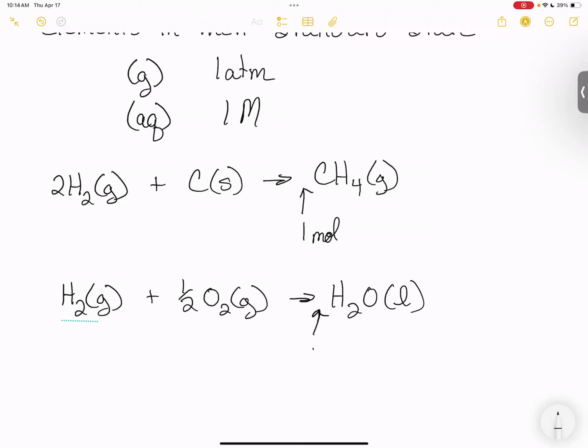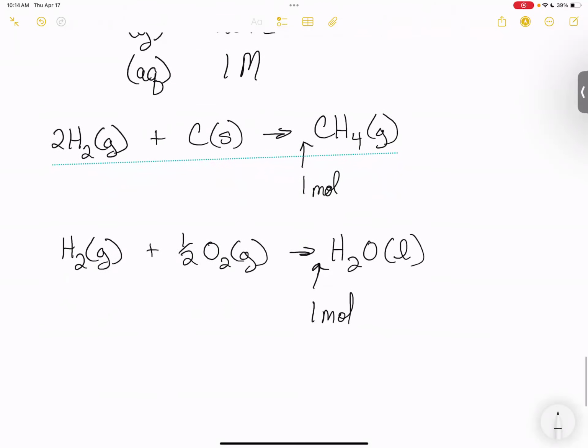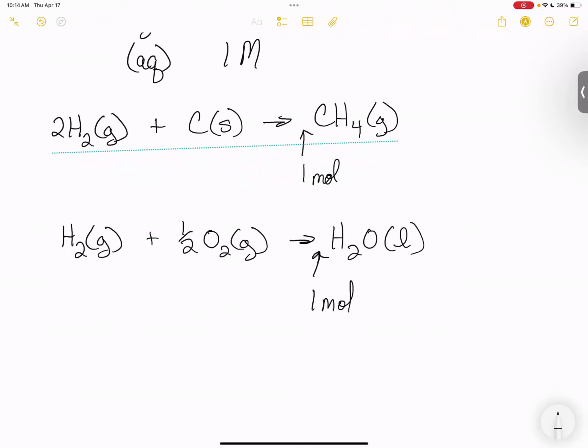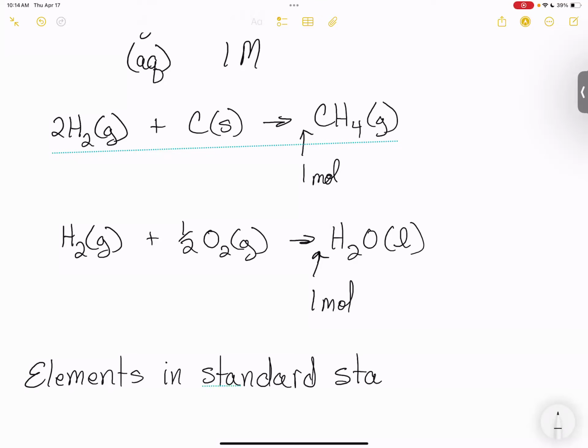Notice I'm making 1 mole of the substance from its elements in their standard state. Now, elements in their standard state have a delta H of formation equal to 0.